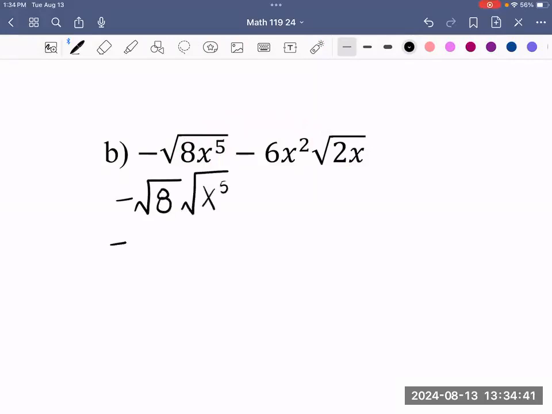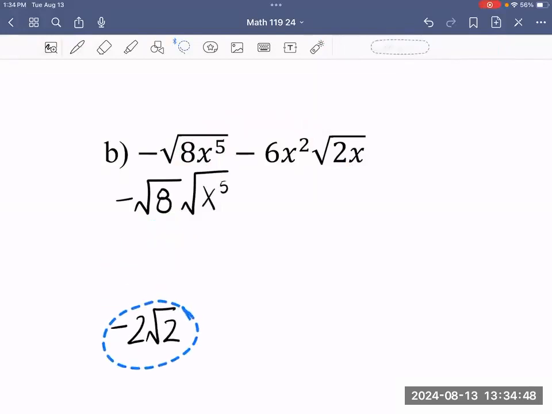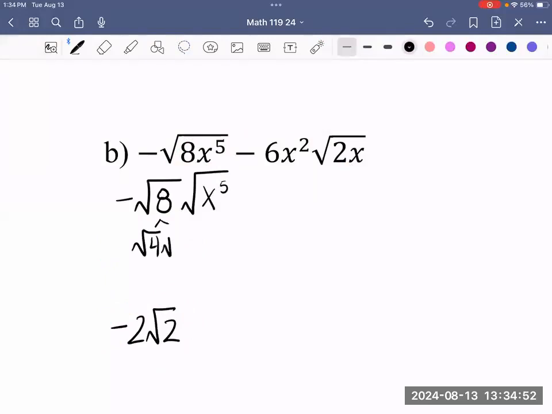we would get negative 2 root 2. This is all the way from knowing that the square root of 8 is really the square root of 4 and the square root of 2, times x to the 5th over 2. Well, how many 2's can fit into 5? That would be 2 pairs of 2's, and then 1 extra remaining to make the 5.